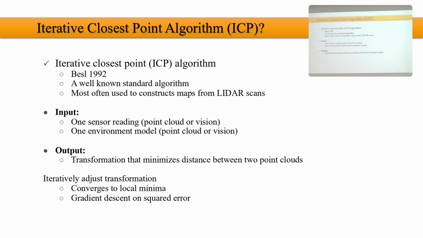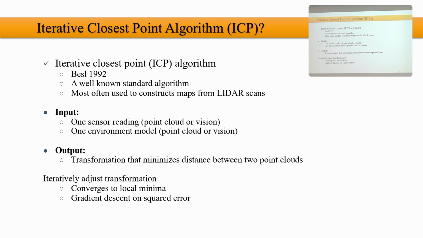Okay, clear? What is the output? The output is a transformation that minimizes the distances between two point clouds. Transformation includes translation and rotation. So I want to calculate matrices that minimize the distance in order to mesh the point clouds into one identical map that I can have.